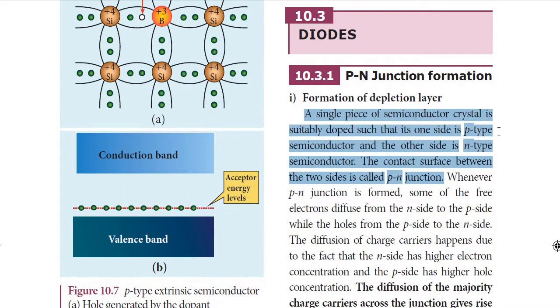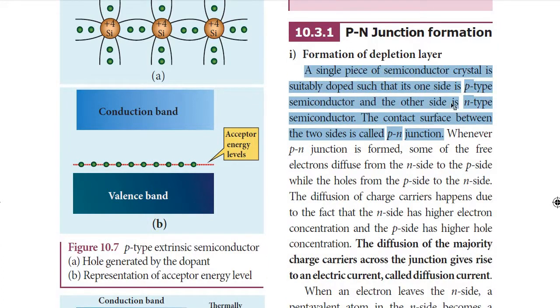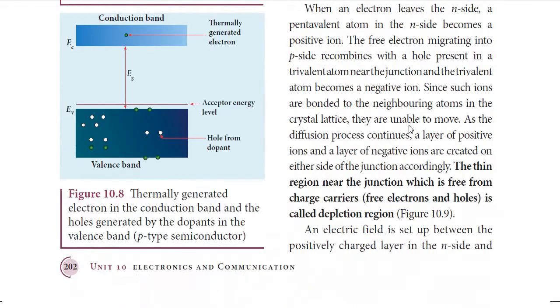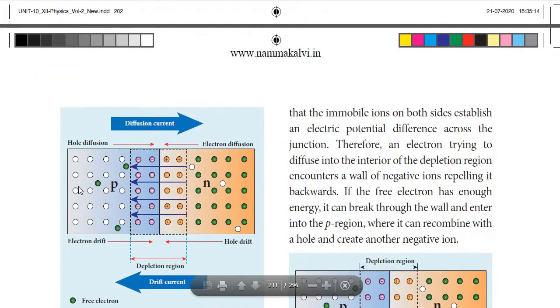A single piece of semiconductor crystal is suitably doped such that one side is P-type semiconductor and the other side is N-type semiconductor. The contact surface between the two sides is called the P-N junction. So P-N junction means P-type semiconductor and N-type semiconductor fixed close together.